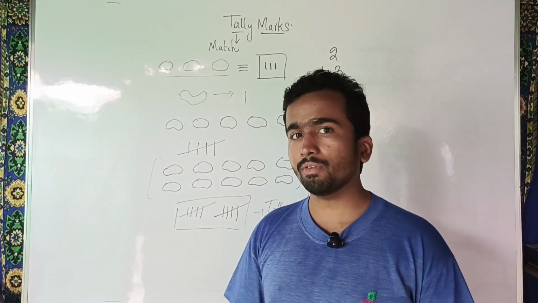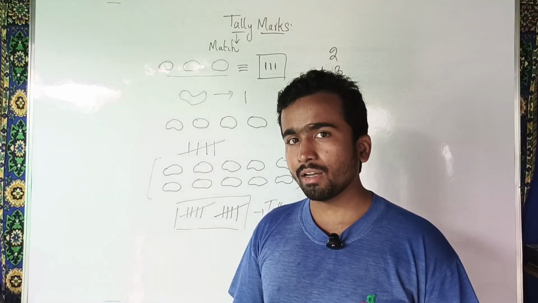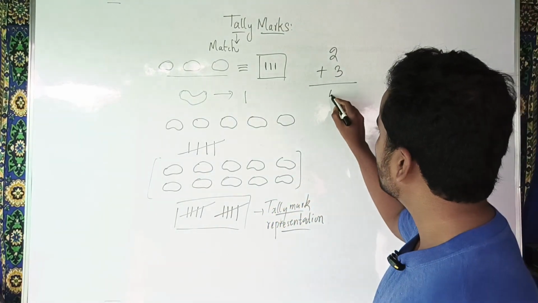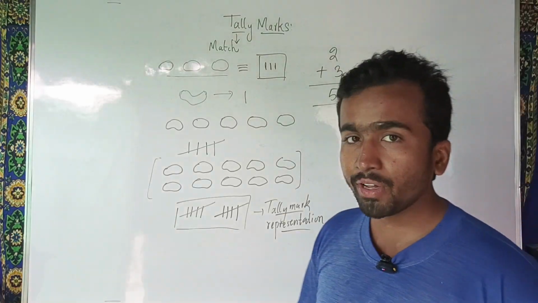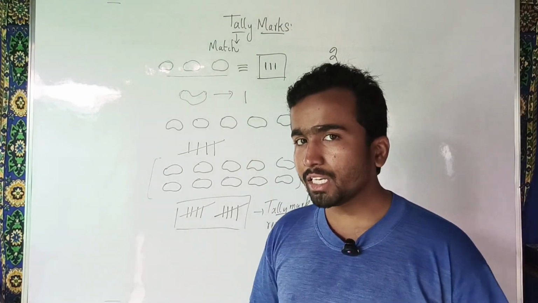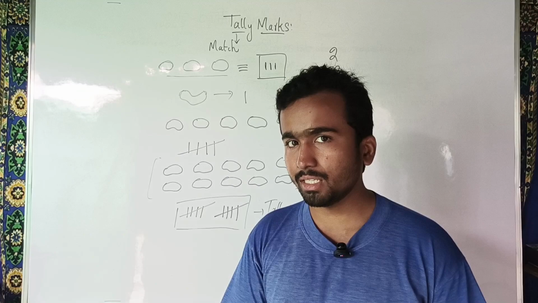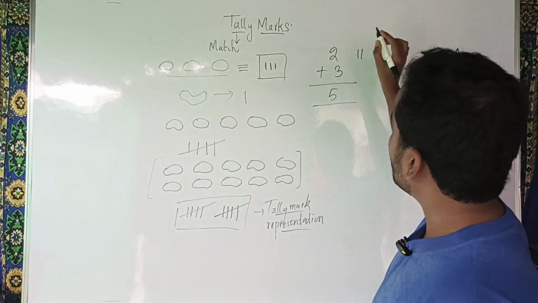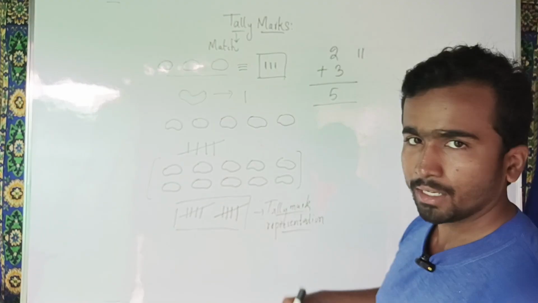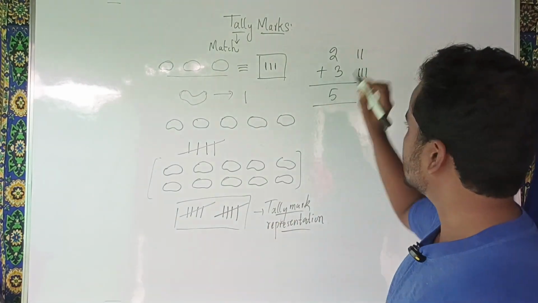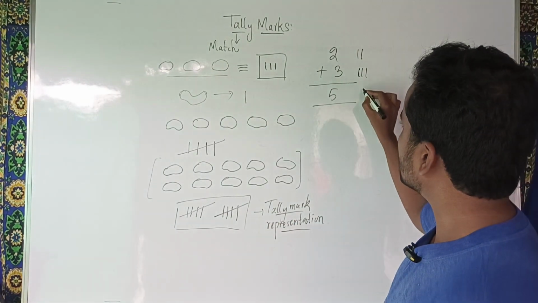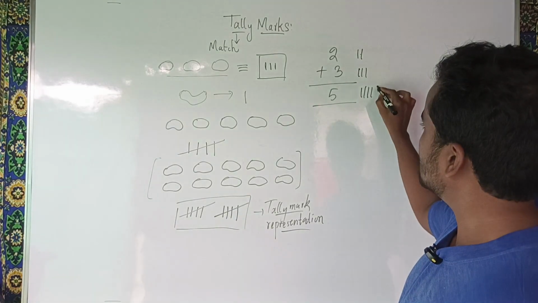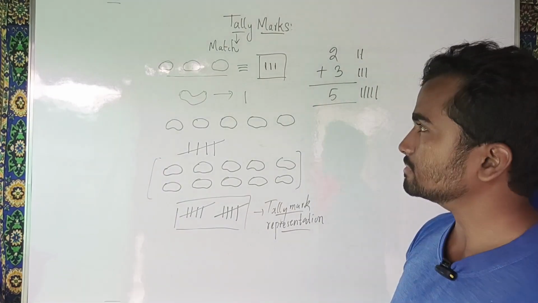Because you're a student of higher mathematics, you can easily say that it is 5. But a lower class student needs to understand it. So what teachers preferably do is, for 2, they draw tally marks like this. For 3, they draw tally marks like this. Upon adding both, these 2 tally marks and these 3 tally marks, total 5.